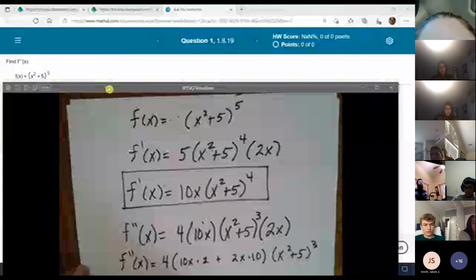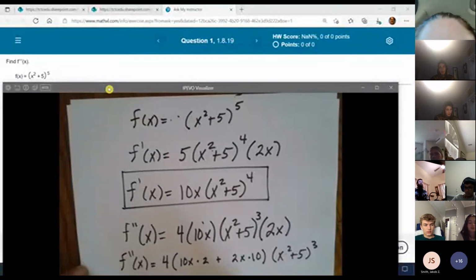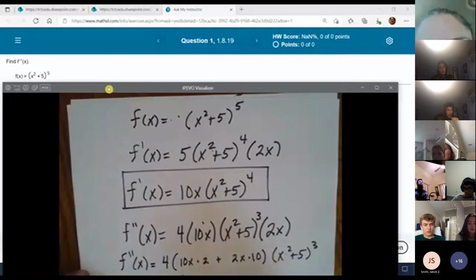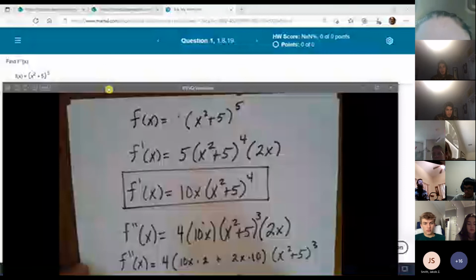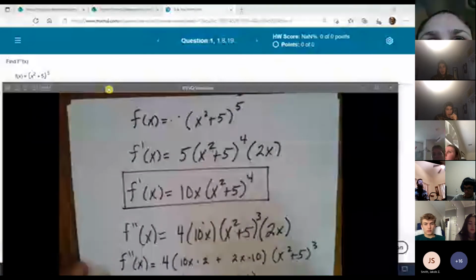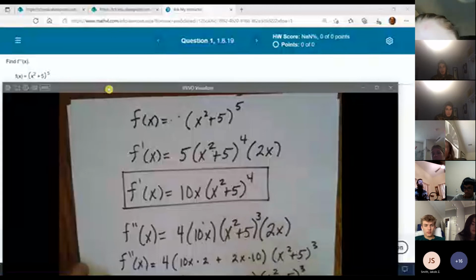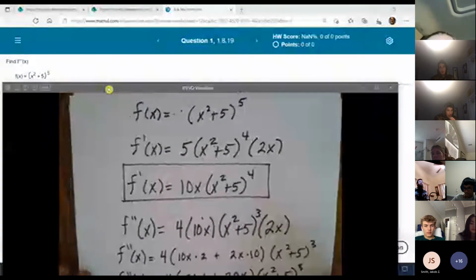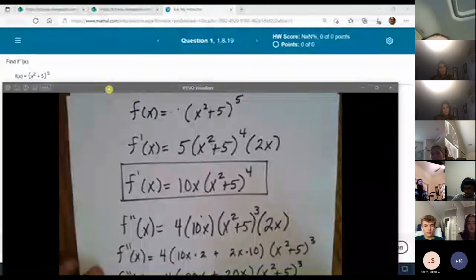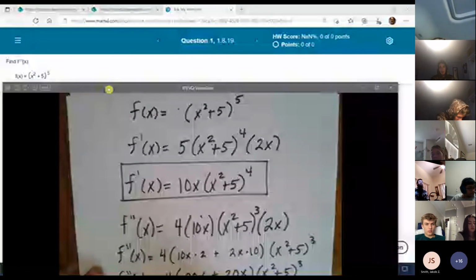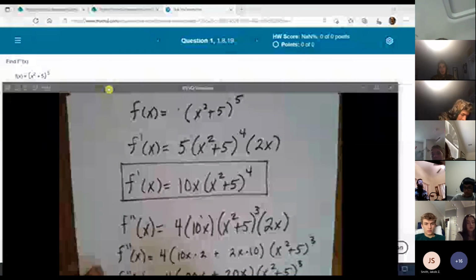F double prime of x is equal to 4. That's 20x, 20x. I've done it 2 different ways and still got the same answer. Four times, let's see, 20x plus 20x is what?